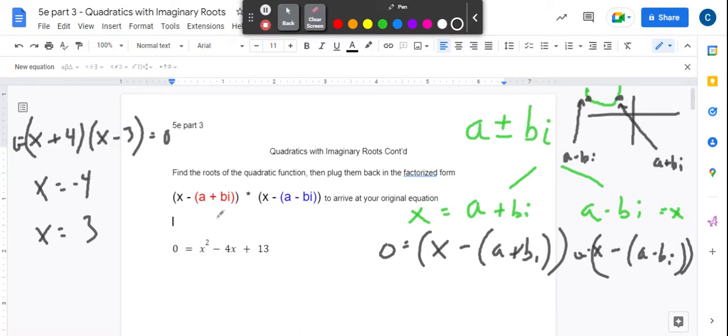Then we distribute those back through. It's going to be a little bit complex, but it cleans up because we won't have any imaginary numbers once we redistribute, and it should give us our original equation. So without further ado, let's do this first one together.